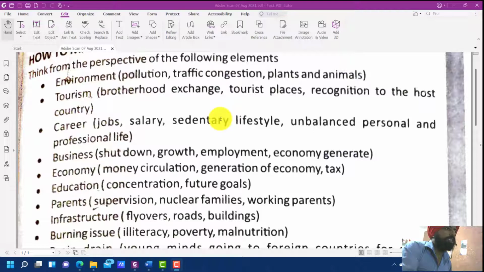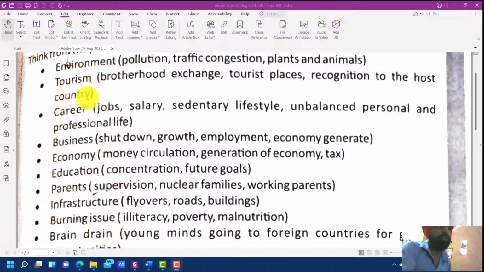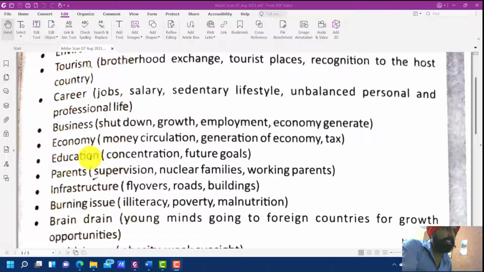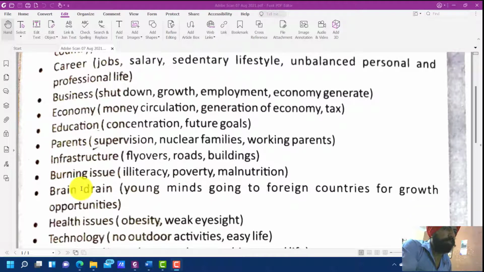I'm going to show you the whole list here: environment, tourism, careers. Most Task 2 topics are going to be based on these, and this will help you generate ideas. For example, you're getting a topic based on education: why education is so important, and many people are studying education online. Do you agree or disagree?